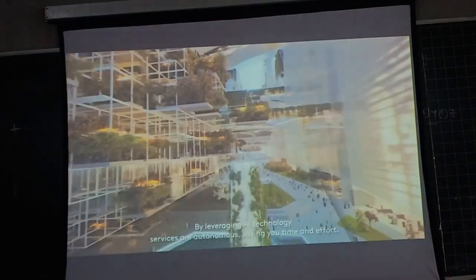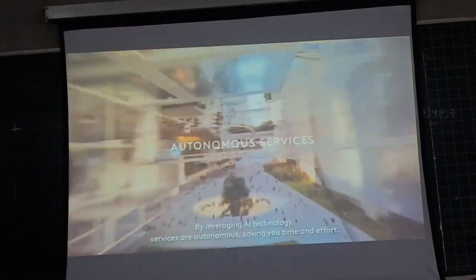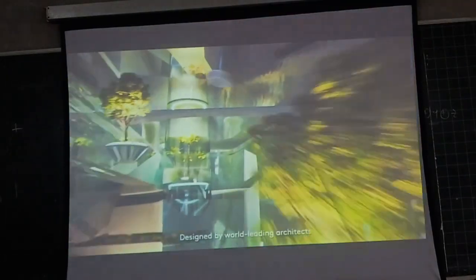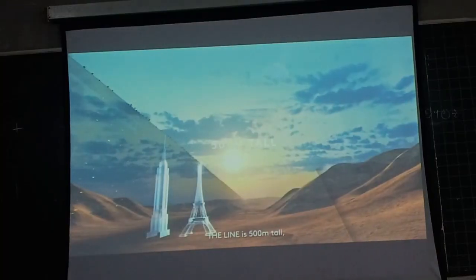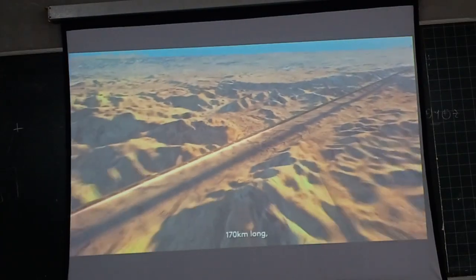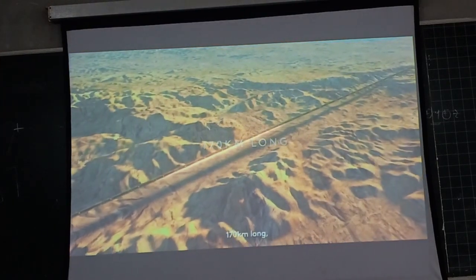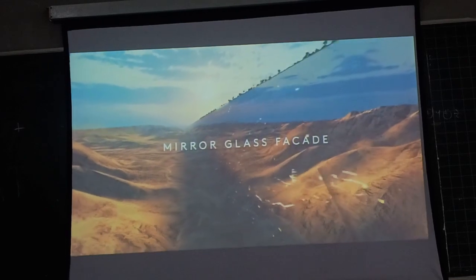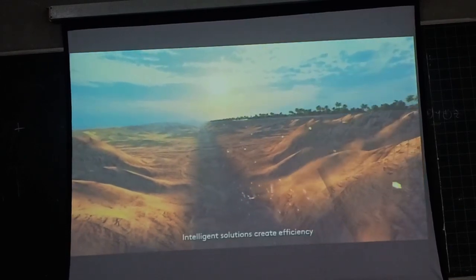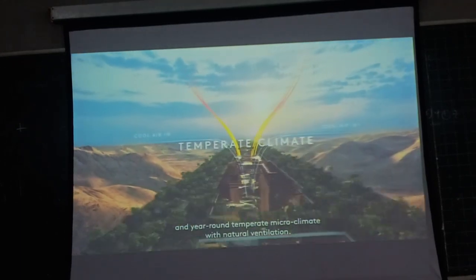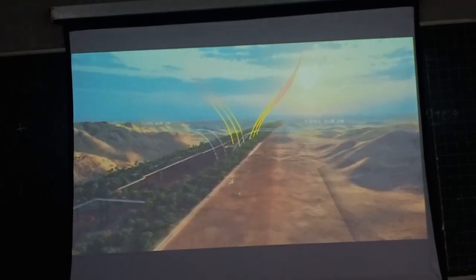By leveraging AI technology, services are autonomous, saving you time and effort. Designed by world-leading architects, the Line is 500 meters tall, 200 meters wide, 170 kilometers long, and housed within an elegant mirror glass facade. Intelligent solutions create efficiency and year-round temperate microclimate with natural ventilation.